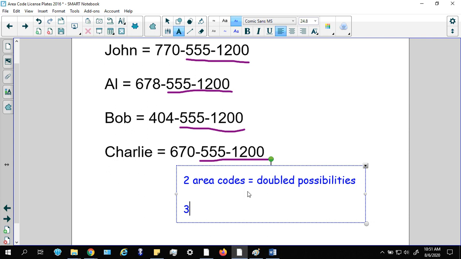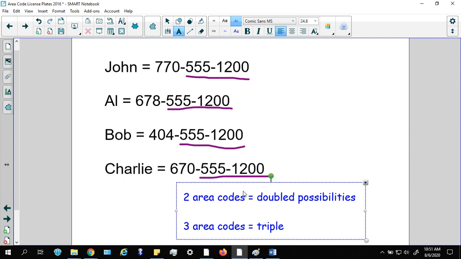If you have 3 area codes, I'm sure you can figure out what I'm about to put here: you have triple the amount of possibilities. Because looking at this example with John, Al, Bob, and Charlie, the same phone numbers are being used again and again. The only difference is the area code makes it different.